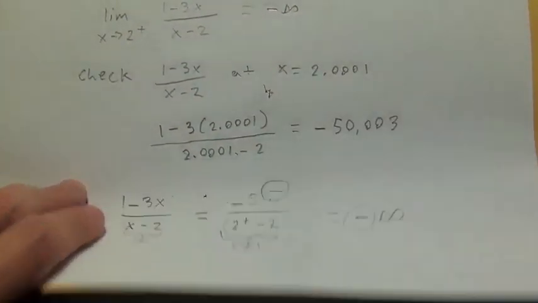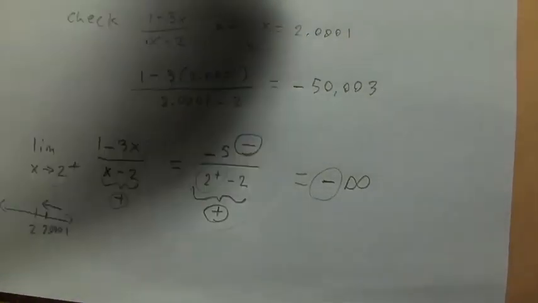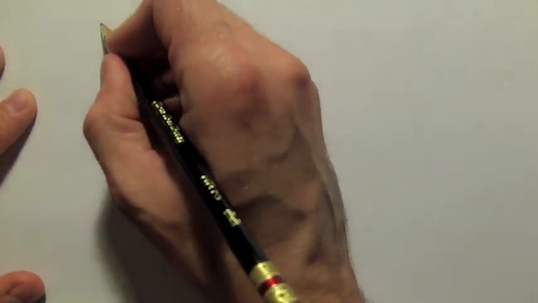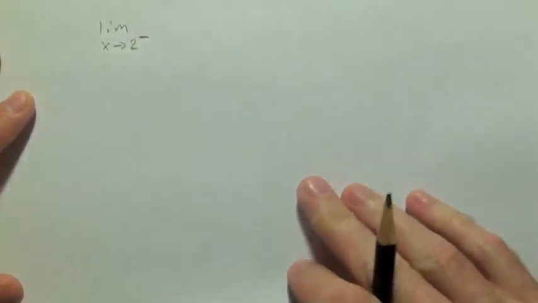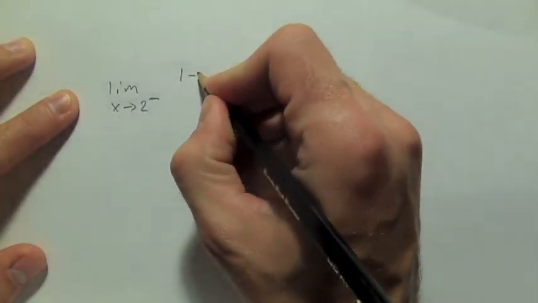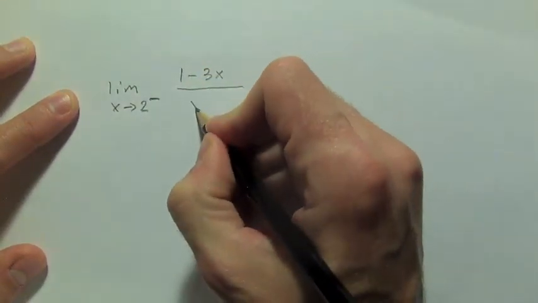Let's do the other example that was given to us, which was pretty much the same exact problem except from the other side. So this is asking us about the limit as x goes to 2 from the negative side of 1 minus 3x over x minus 2.